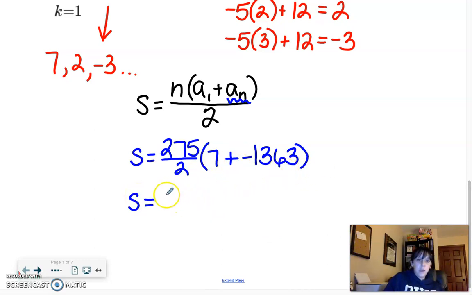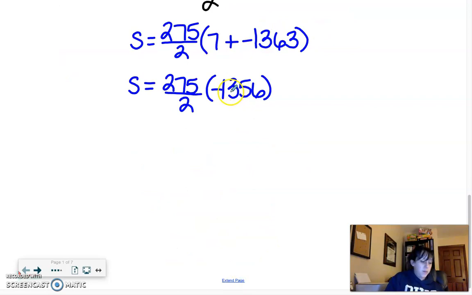So that is going to give me negative 1356. Right? Yeah. And then I guess I could maybe divide by 2 first and then times by 275. It doesn't really matter, I guess. So I am getting negative 186,450.